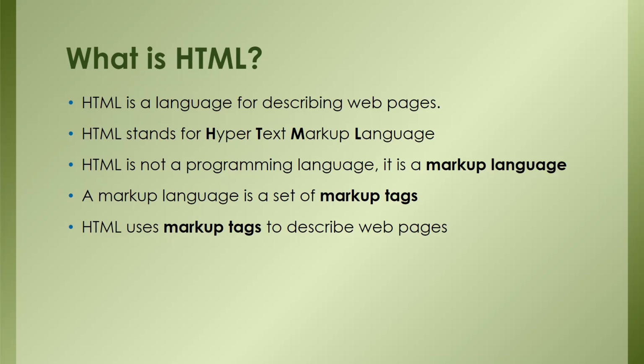We can put this command, we can put whatever option, and we can have it. That is what we call programming languages. A markup language only has tags, not commands. HTML is such a language, and all the tags together create the website.